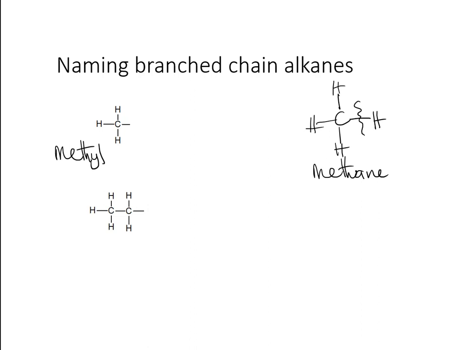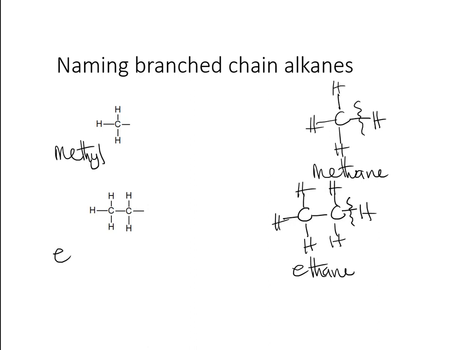We can also take ethane. So we have ethane here with 2 carbons. Now if we remove this one hydrogen, we end with an ethyl branch.